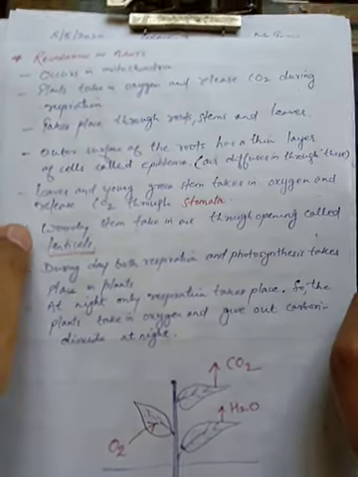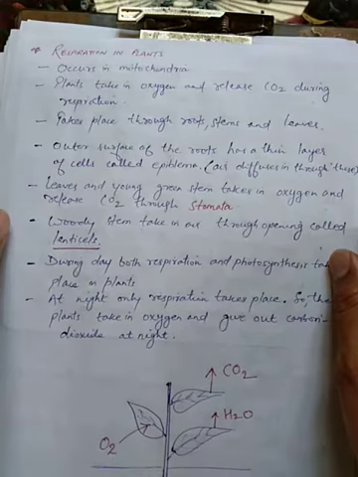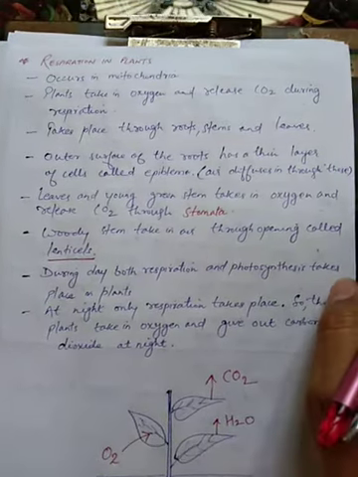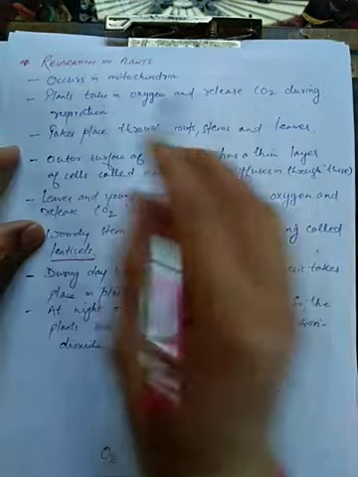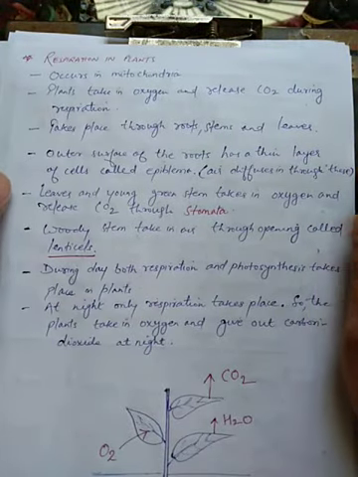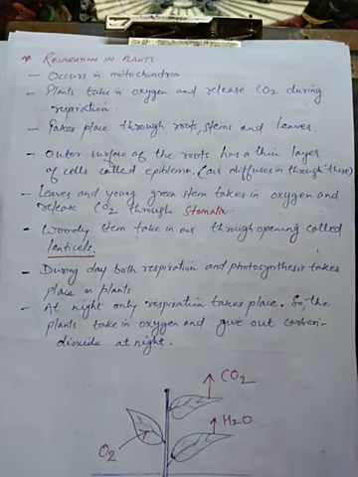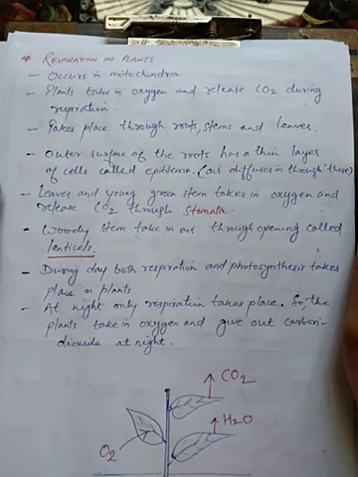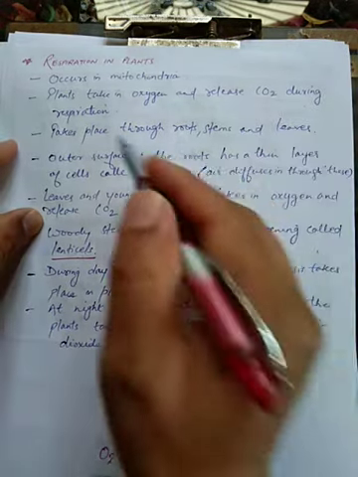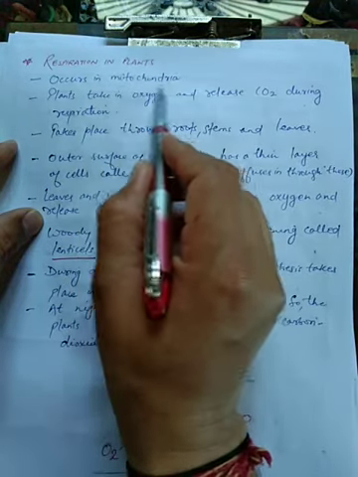Now students, the next topic which we are going to discuss is respiration in plants. Already you know why respiration is important. So plants also respire. Now what happens in plants? The process of respiration occurs in mitochondria.